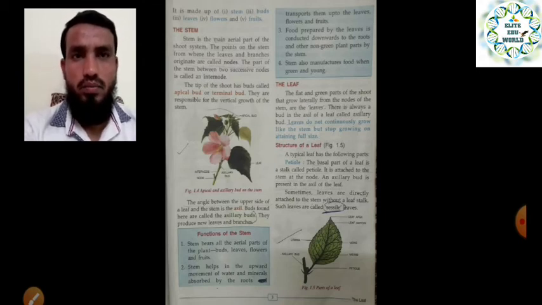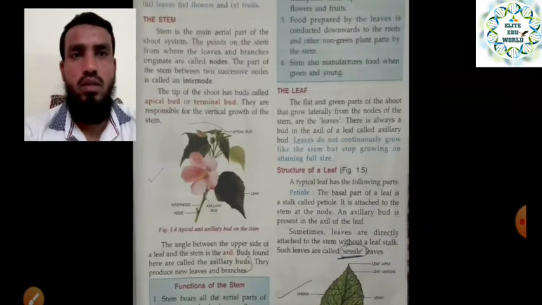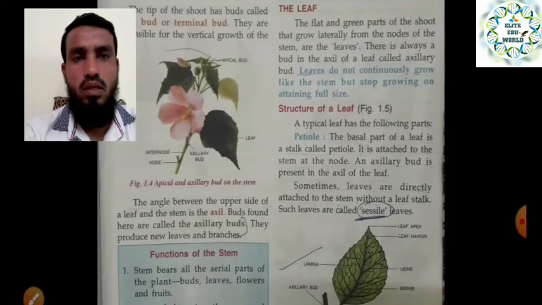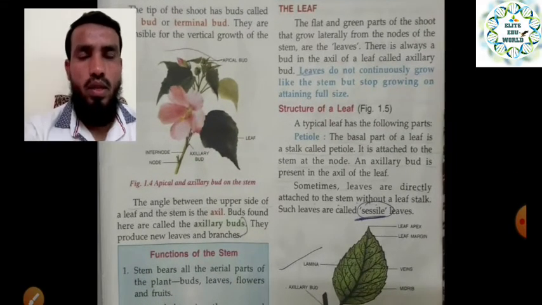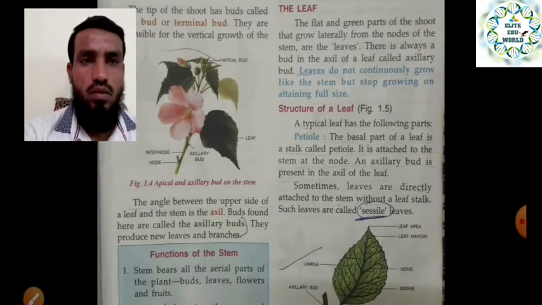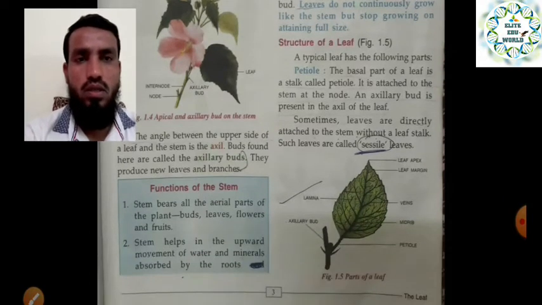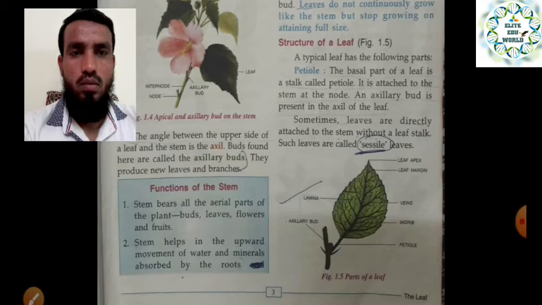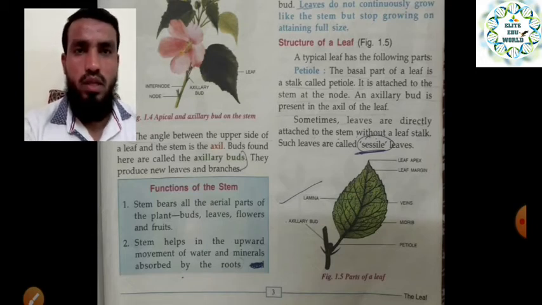Then we started the stem, and we have already seen the functions of the stem and which parts are there: apical buds and axillary buds, then what is a node. And now the function of the stem. It provides support, and it gives place for the buds, leaves, and flowers, everything is borne by the stem only.